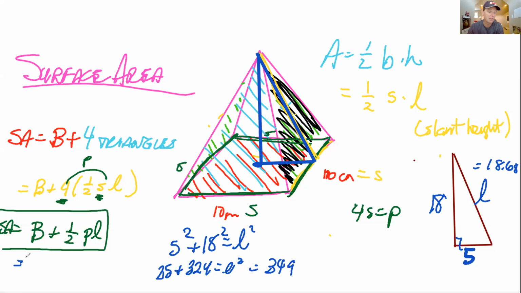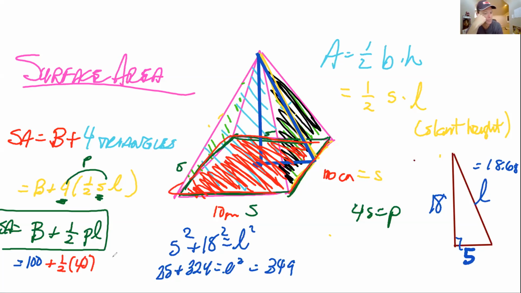Well, now I have everything I need to find the surface area of my pyramid. The base was 100, right? That's the area of this flat, in this case, square base, plus 1/2. What was the perimeter? The distance around the base was 40, and the slant height was 18.68.